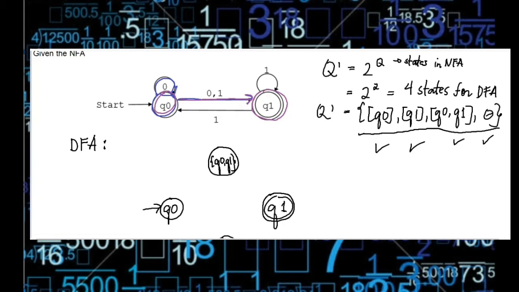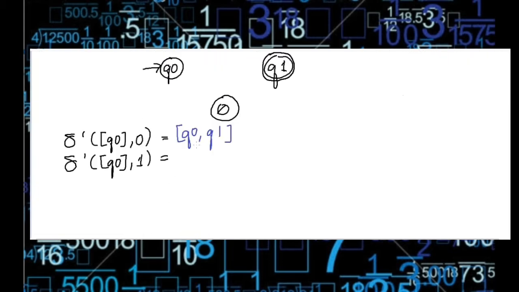So, that's the only one. The answer we put here is Q1. Okay? So, that's it. Those are the target states coming from our first state Q0. Now, let's proceed to the target states, or edges, coming from our second state, which is Q1.